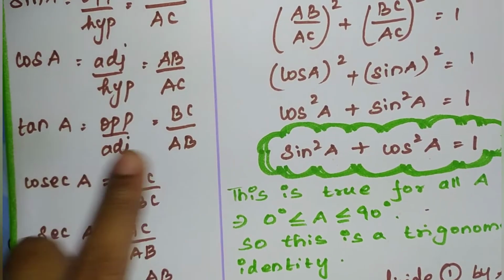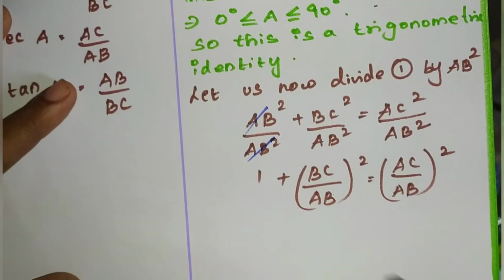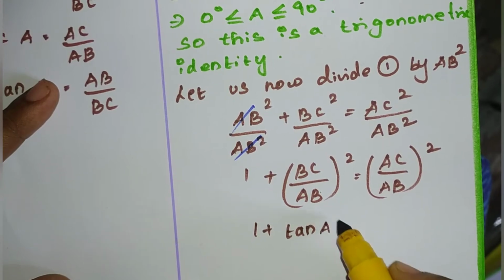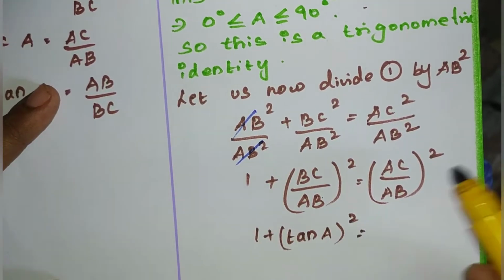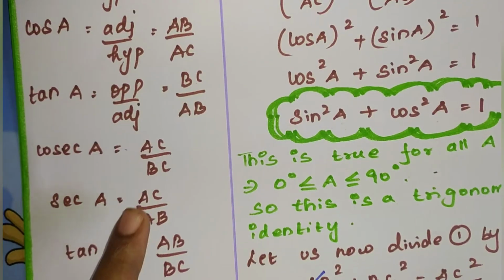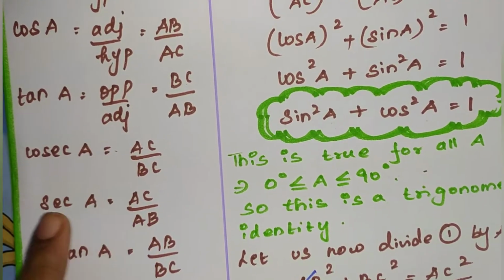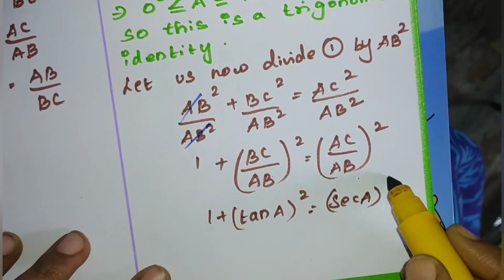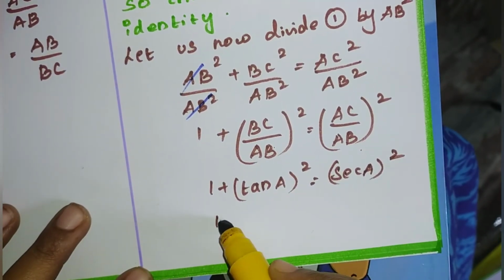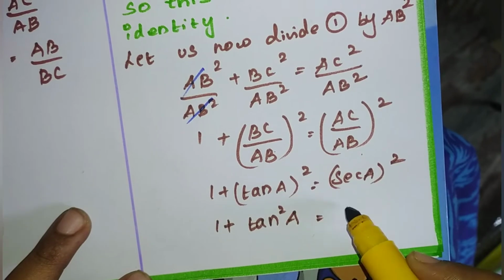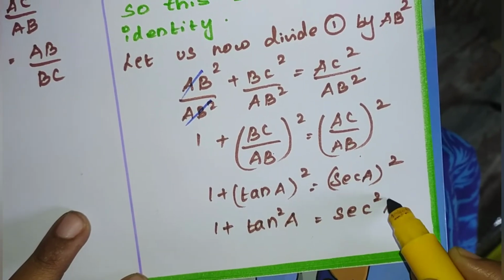BC divided by AB is tan A. So substitute: 1 plus tan A the whole square is equal to AC divided by AB. AC divided by AB is secant A. Secant A the whole square. So 1 plus tan square A is equal to secant square A.